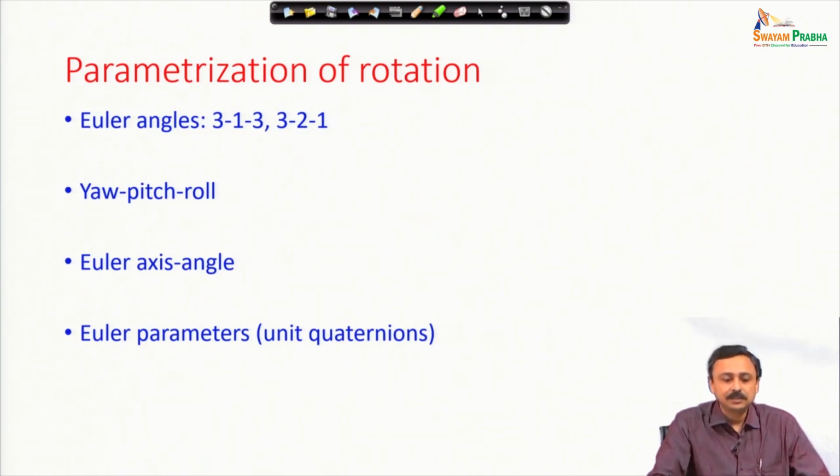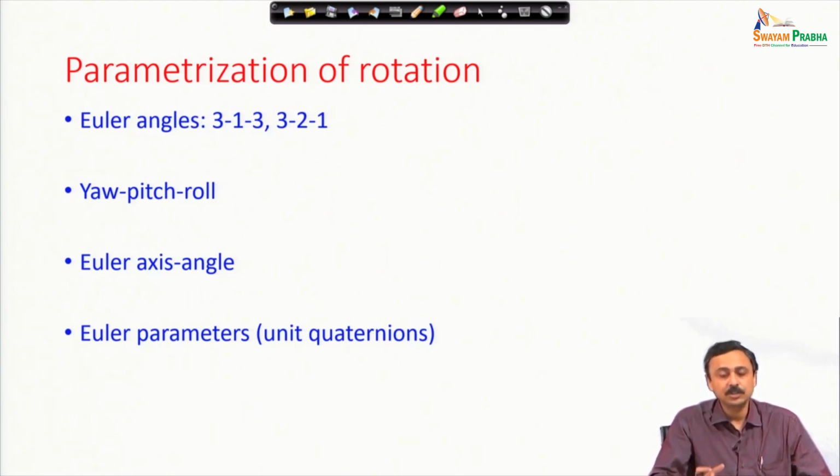Similarly, we can use Euler angles. 313 means first rotation is about z, second rotation is about the new x, and the third rotation is about the new z. Every time, successive rotations are about the new axis. So what should be 321? First rotation is about 3, which is z, second rotation is about the new y, third rotation is about the new x.